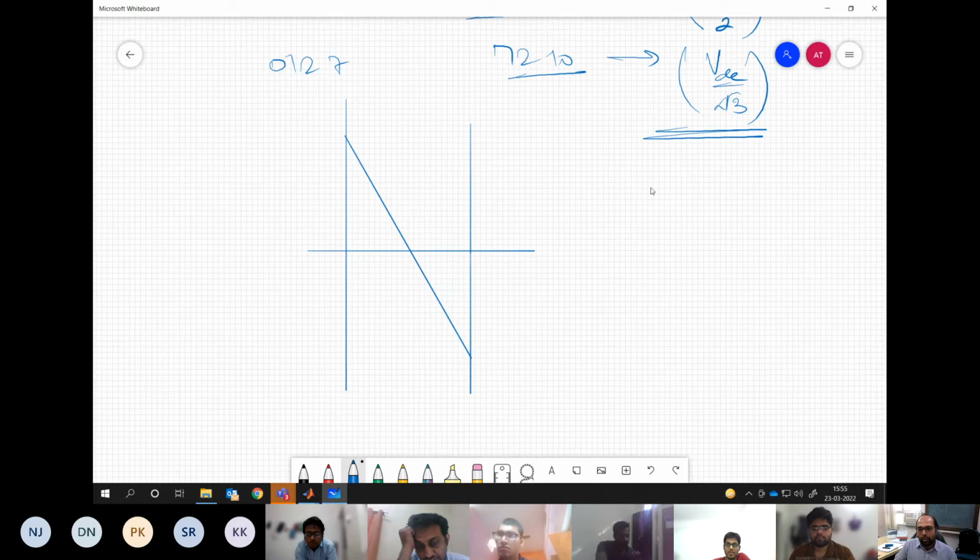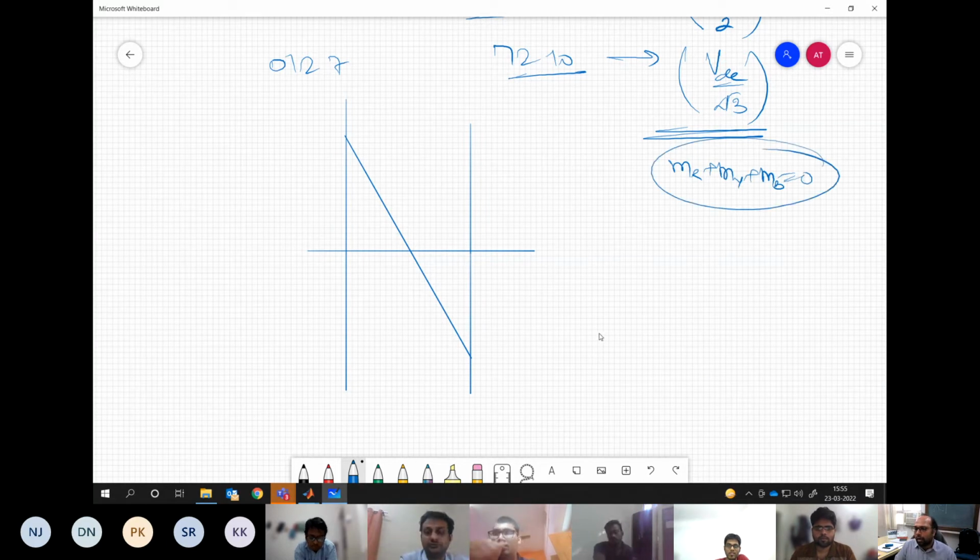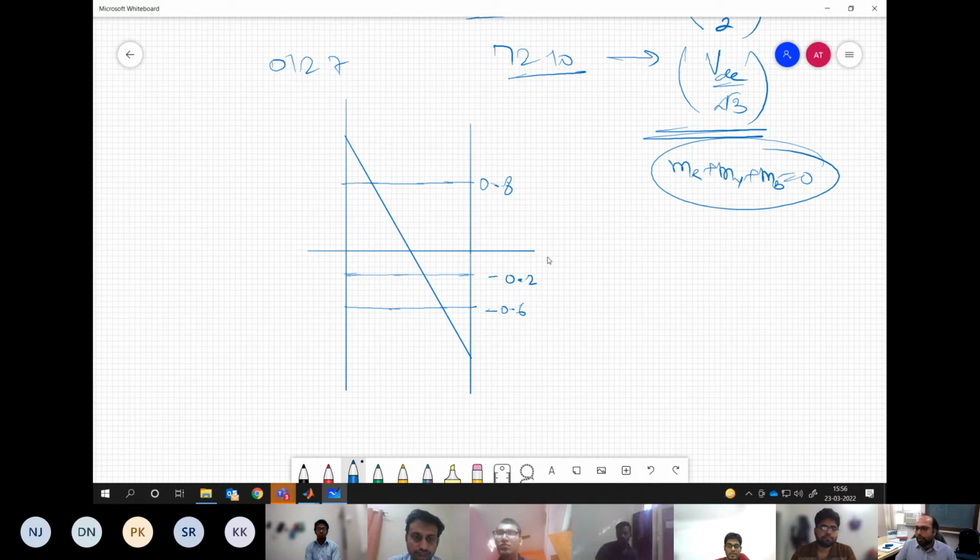See, our problem with sine triangle is that we have to maintain MR plus MY plus MB equal to 0. Correct? If we talk about sector 1, where the R phase is maximum, say at 0.8, and Y is, let us say, at minus 0.2, then B is bound to be at minus 0.6. It cannot be 0.8, right? Because we have to have a three-phase balanced system.